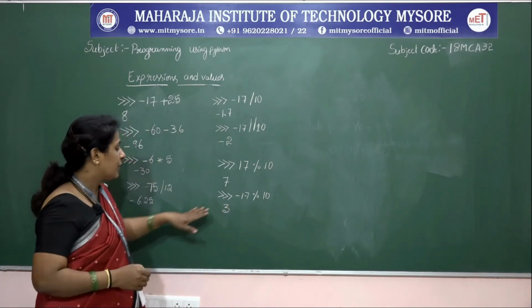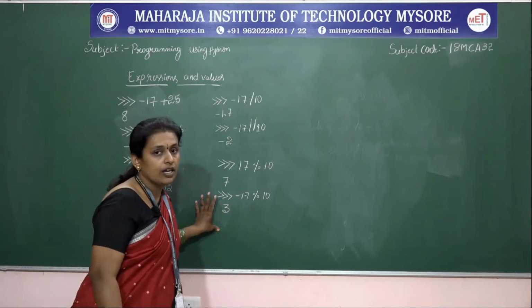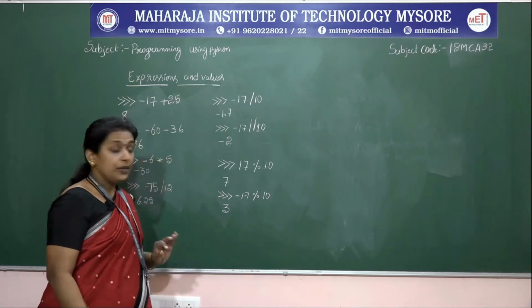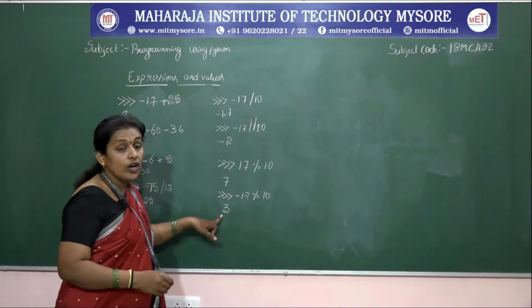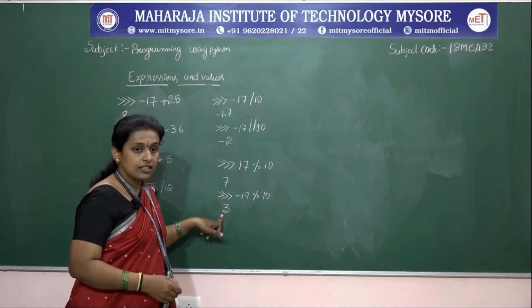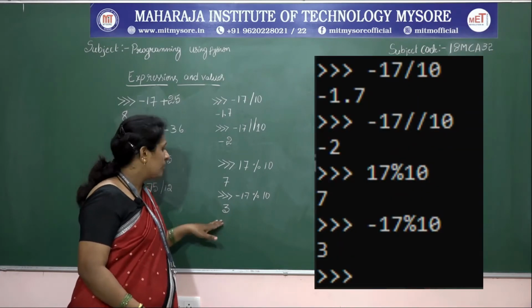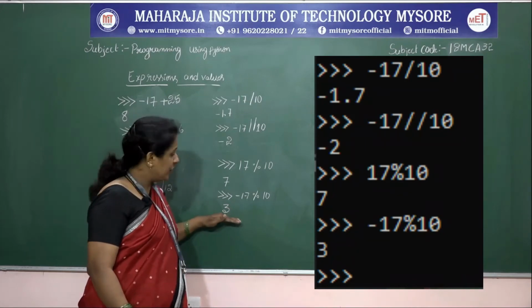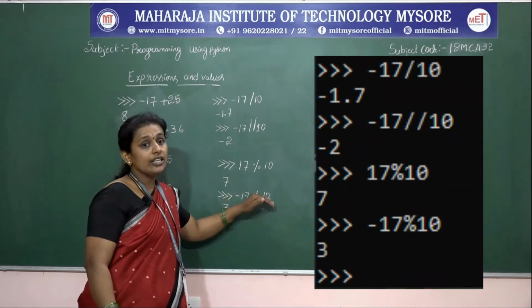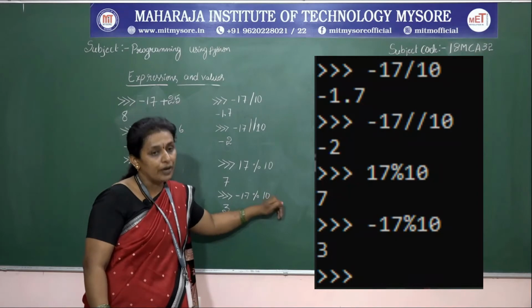Why? Because of the floor value. And you can observe that here we did not receive a negative sign, because the sign of the result depends on the divisor, the second operand.